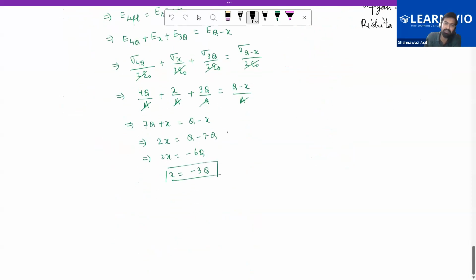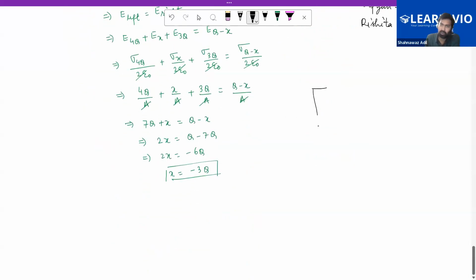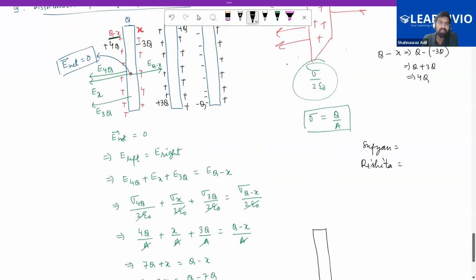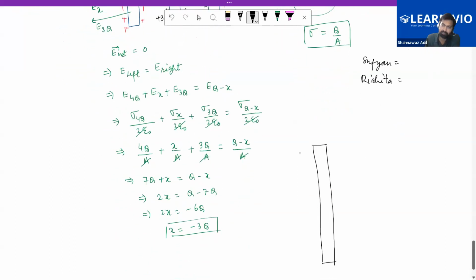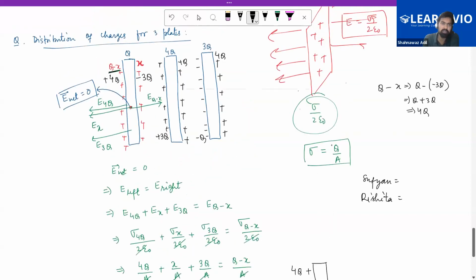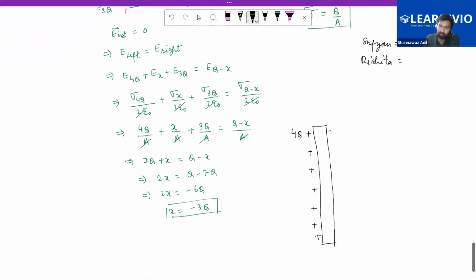So if I write the final distribution, although it was earlier Q, 4Q and 3Q, the final distribution would be 4Q. This is plus. Q. This side is what? Minus or plus? So this side is minus 3Q. This side is plus of 3Q.